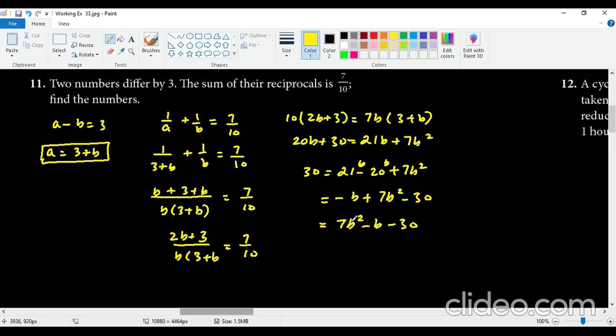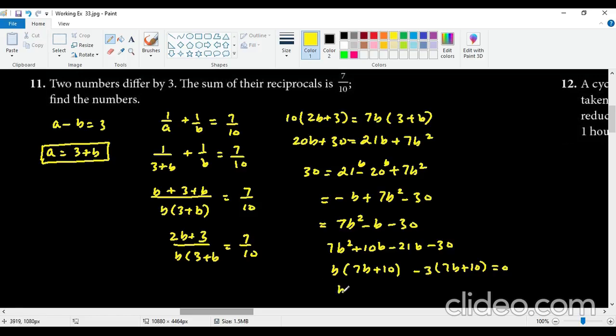Now this has become a quadratic equation. In here we can solve this by using factorization. 7 times 30 is going to be 210, and when we factorize we get 7b square plus 10b and minus 21b, which is going to give us minus 30, and in here what is common is b. b is common, 7b plus 10. 7b plus 10 will be in another bracket equals 0, and minus 3 is going to be the number.